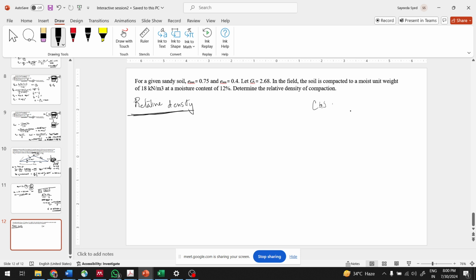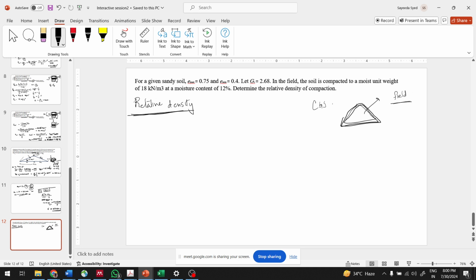If I give you a pile of sand in your hand and tell you to say how this sand is performing in the field.